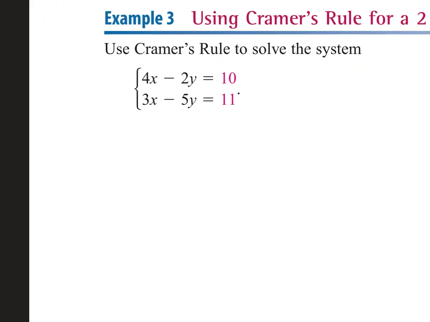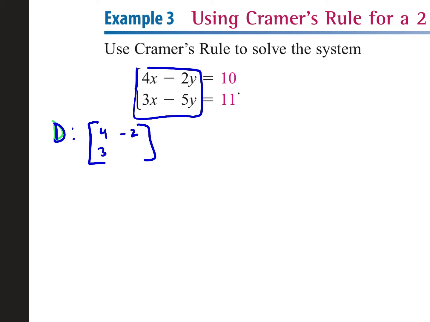We start with finding the determinant of just the coefficients. So my matrix here would be 4, -2, 3, -5. How do I find the determinant? The majors multiplied together minus the minors multiplied together.